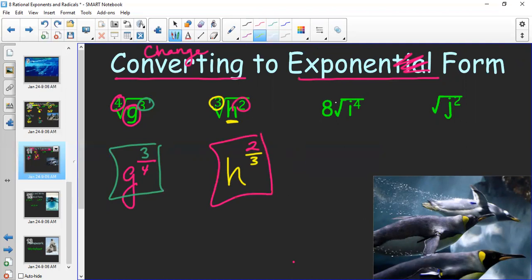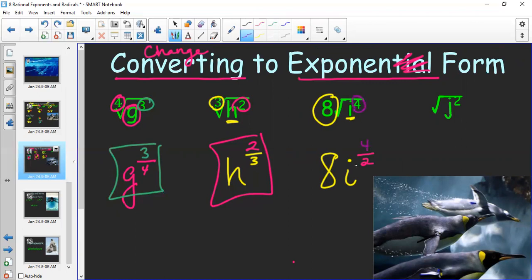Now, 8 has nothing to do with the radical, so keep 8 out front. Our base is i. Okay, so now we have the denominator, and here's the hard part, because there was nothing written there, which means square root. So our denominator is 2, and our numerator is the exponent, so 4.